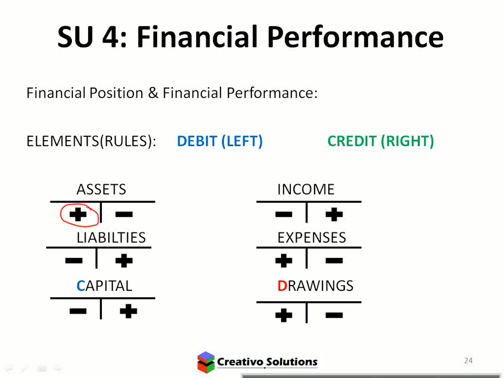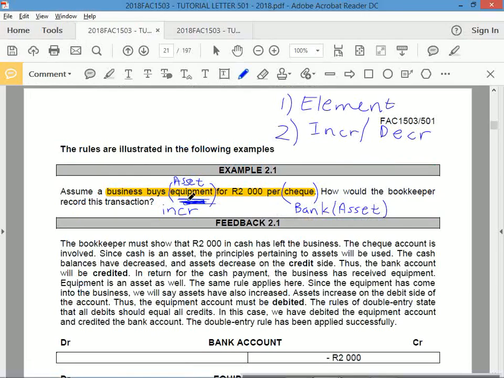Okay, so this is what you study. I study this, I know this, I remember this. Okay, I write it down or I look at it. Okay, I'm going to look at it because this is the first time we've seen it. Okay. What is equipment? An asset. What is happening to the equipment in this transaction? It's going up because you're buying equipment.